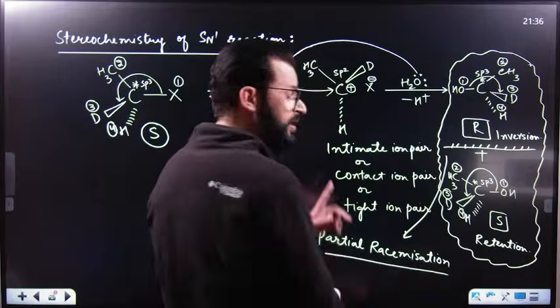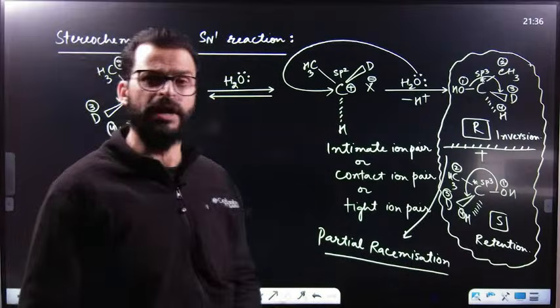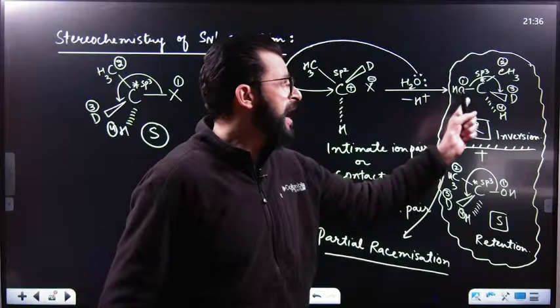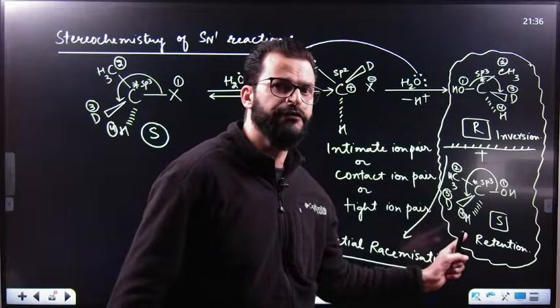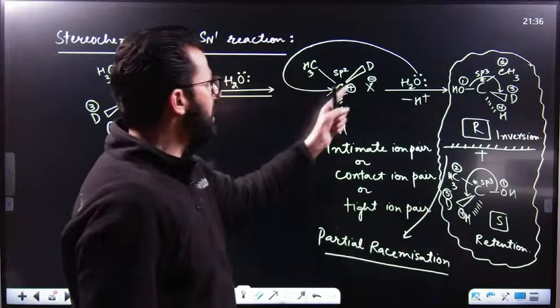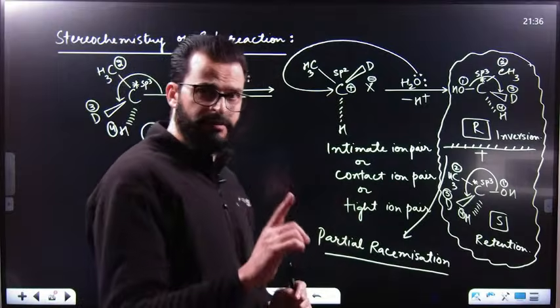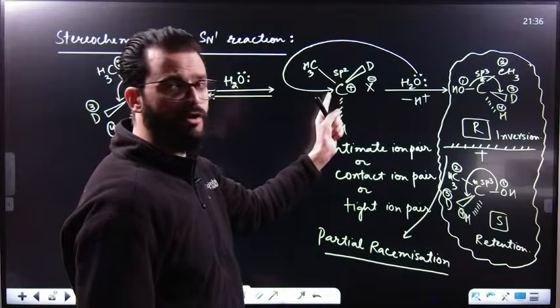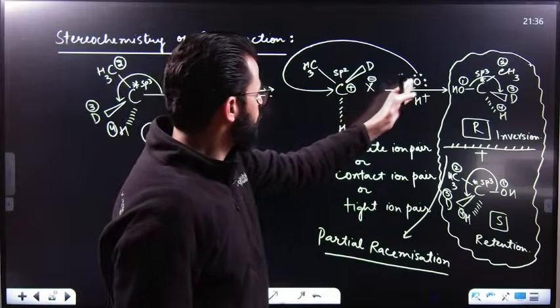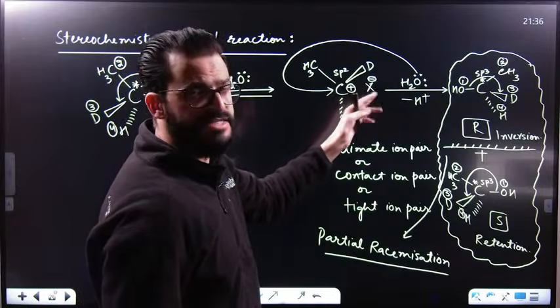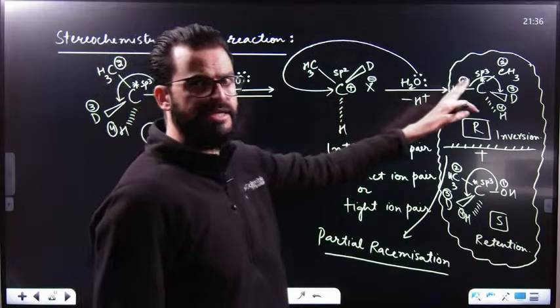So during SN1, what will happen? Partial racemization. Why partial? Why not complete? Because backside attack is more as compared to front side attack. And the reason for backside attack is intimate ion pair formation. Remember, intimate ion pair formation hinders the nucleophile from attacking from the front side. That's why it first attacks from the back side.